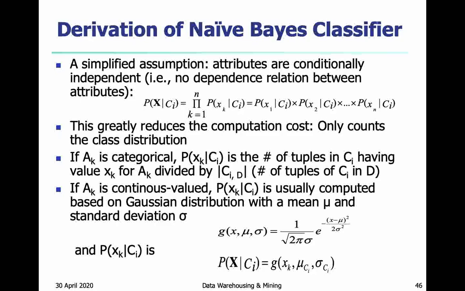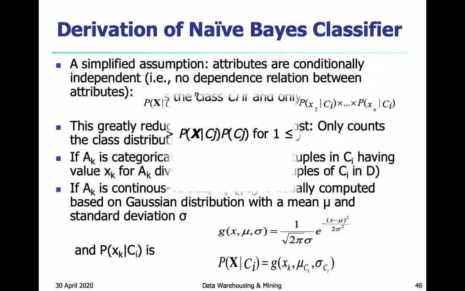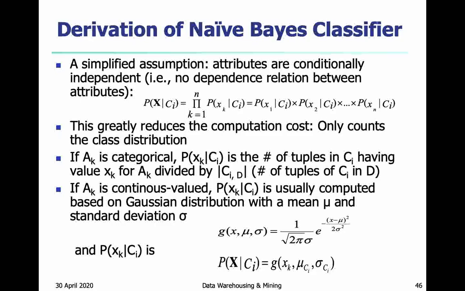Okay, so now you can understand with an example. The class label attribute is buys computer, already in our data set. We are considering the associated class label for X is yes, means buys computer equals yes.